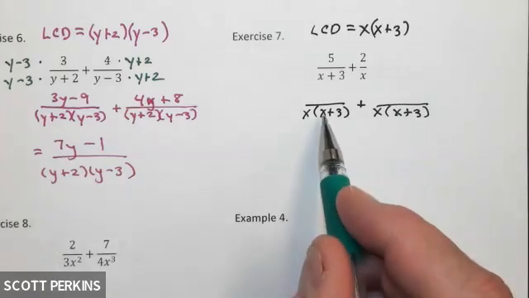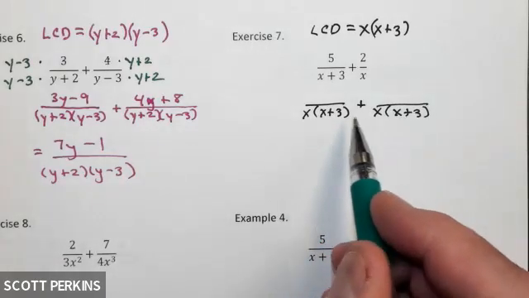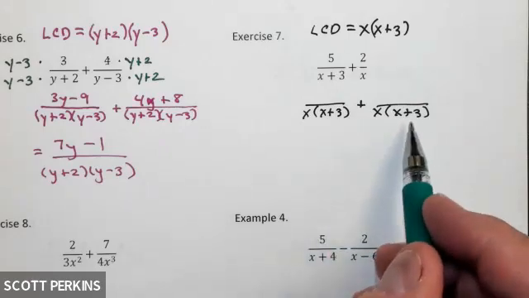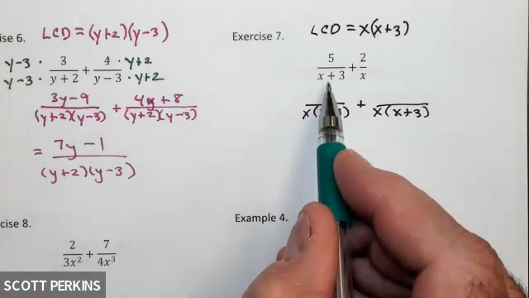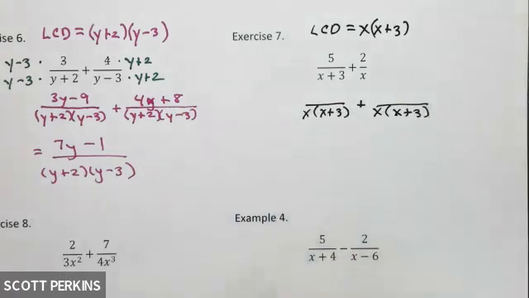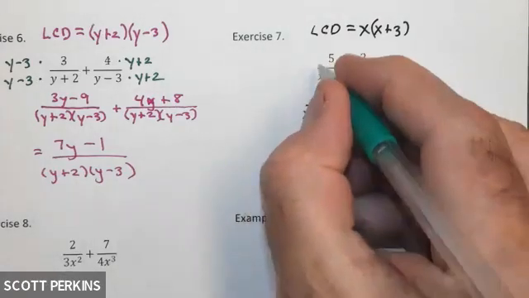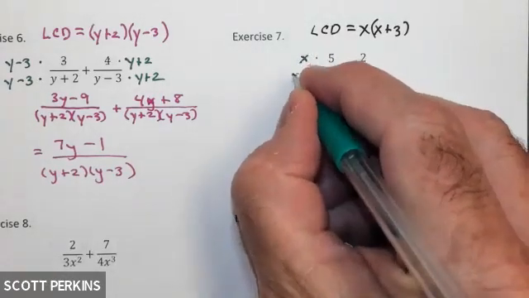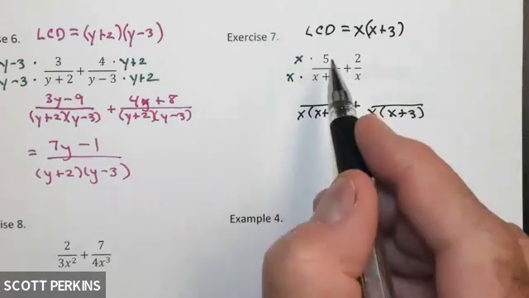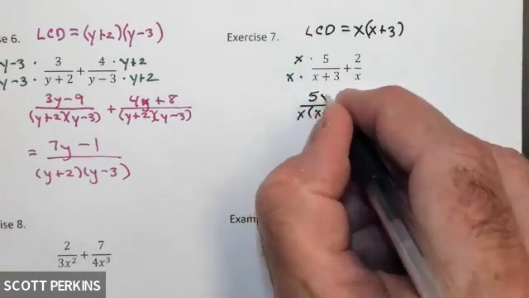All right, I've written my denominator one time for each fraction that I started with, x and x plus 3. So the first fraction, what do I have to multiply the top and the bottom of the first fraction by? Just the x. Okay, that's what's going to make the change here. And so my numerator becomes just 5 times x, or 5x.